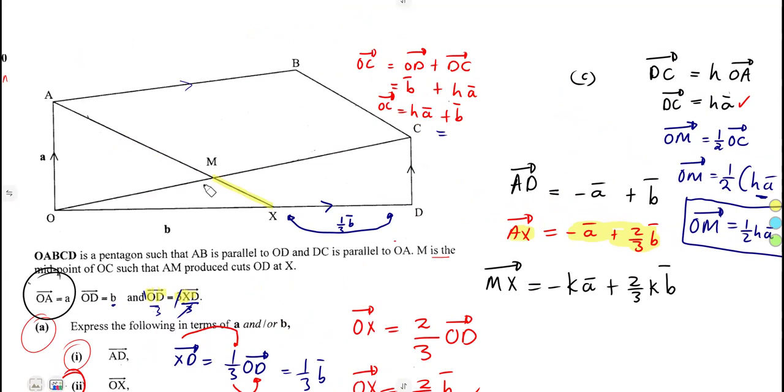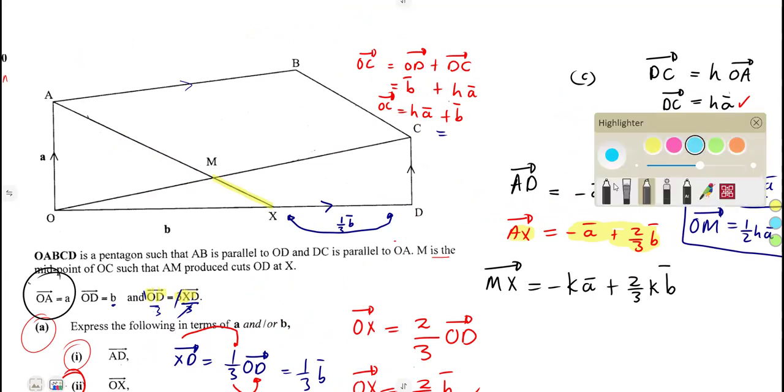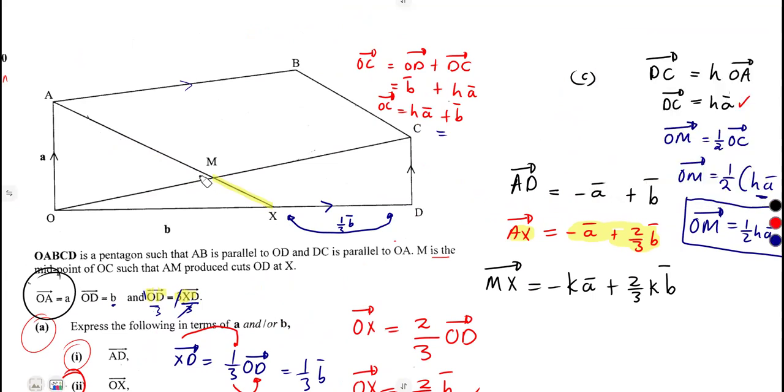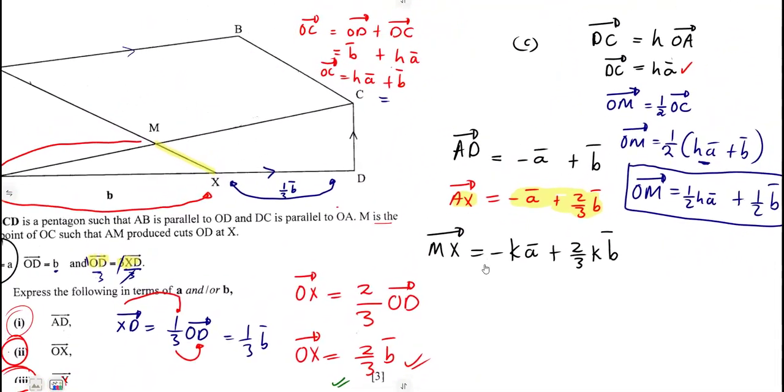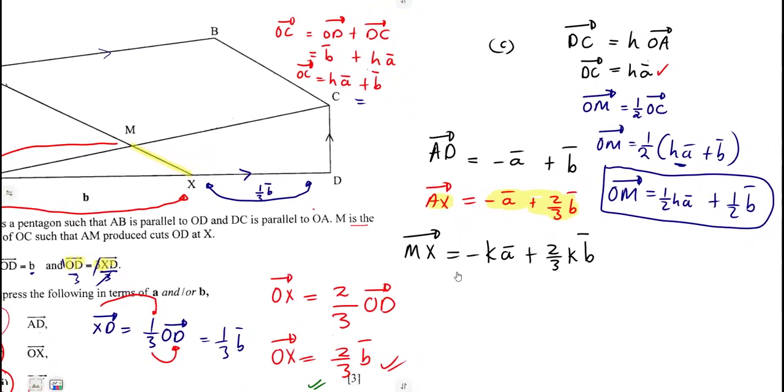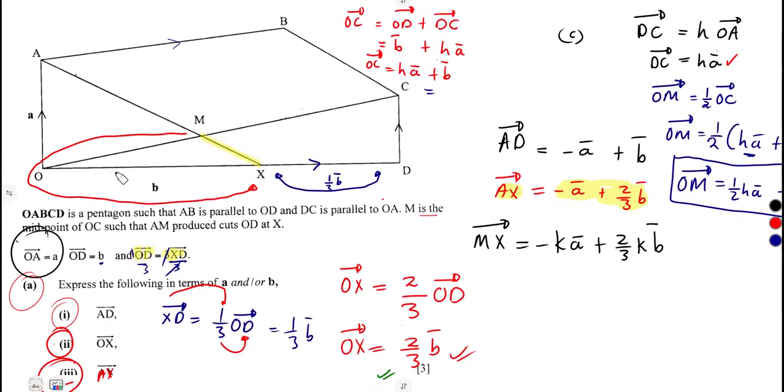So to include h, finding MX, we can take this route from M to O, then from O to X. MO is the one that has got h. So we have included MO.